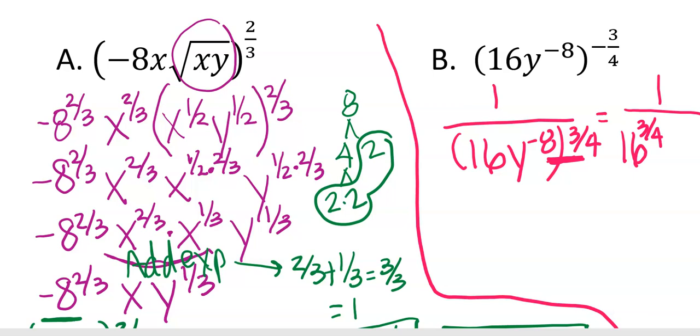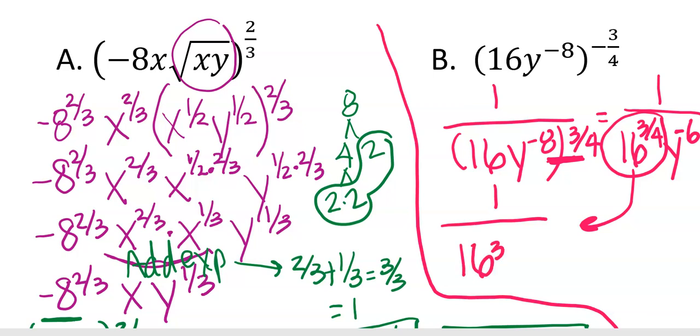Multiply them. So you'd have negative 8 times 3/4. This right here becomes that. So the 3 stays on the inside, the 4 goes on the outside.